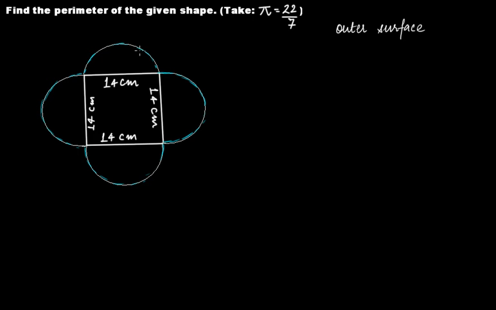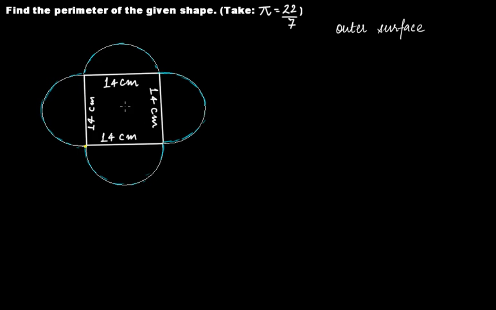Clearly these semicircles. So in order to calculate the perimeter, imagine that you start from this point, and if you trace all the way up from here, then from here, then from here, and back to the initial point, that's actually the perimeter. So the square lies inside the figure, therefore you cannot take it into account to calculate the perimeter.